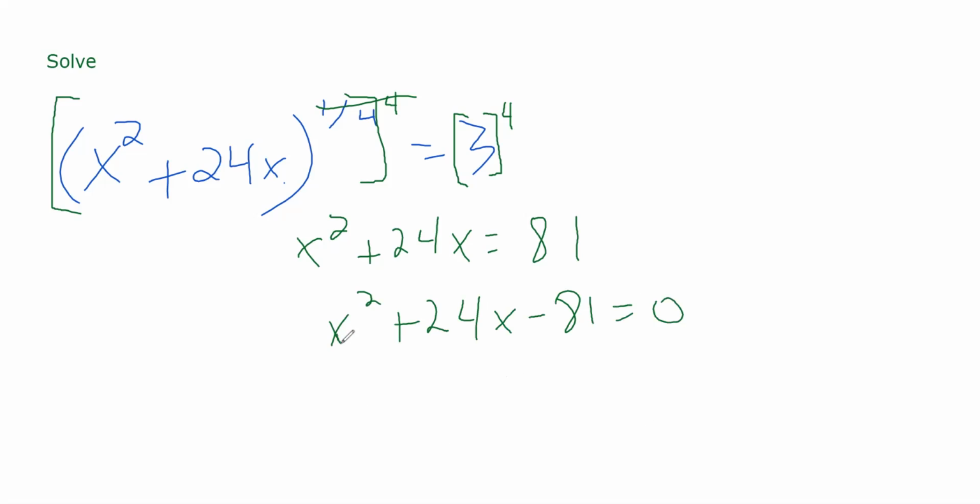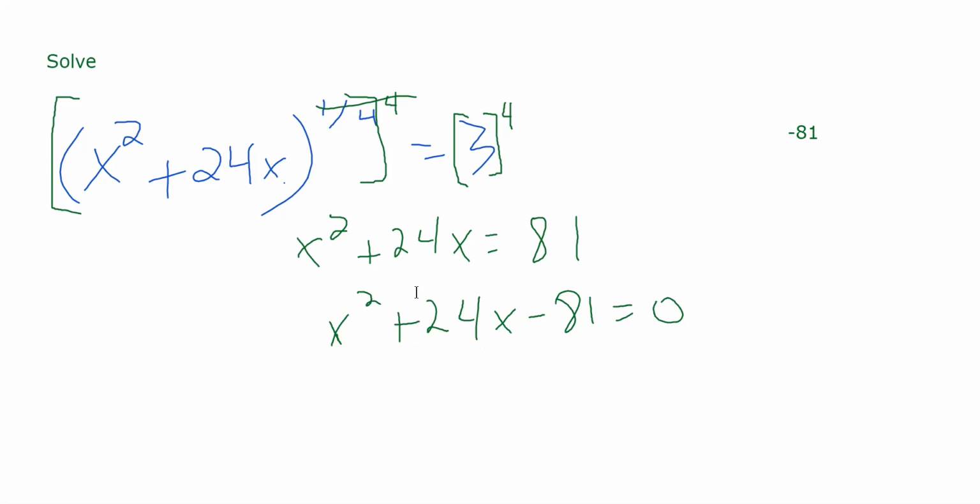Okay, so we have the very fortunate situation where our x squared term secretly has an implied 1 in front of it. And that generally makes our factoring life a lot happier. So what we do now is look at this negative 81, and we need two numbers that multiply to negative 81, but if I add those numbers, I get positive 24.